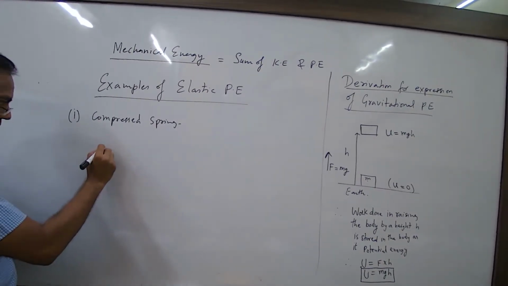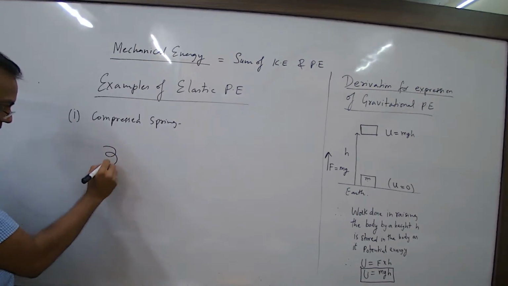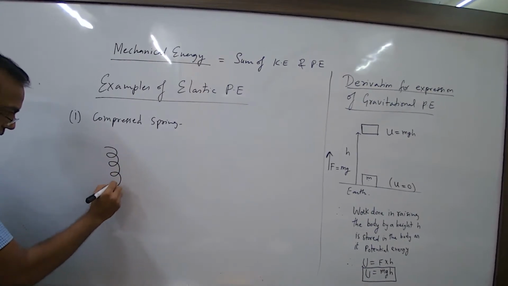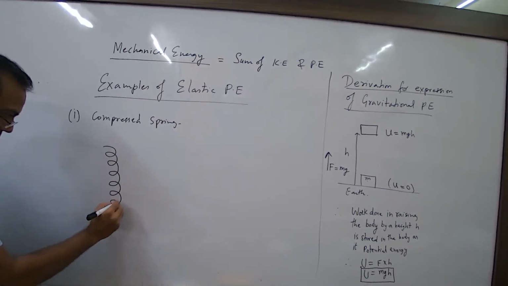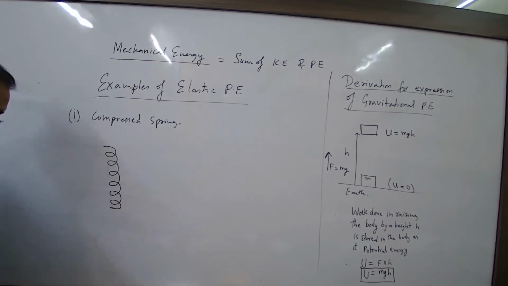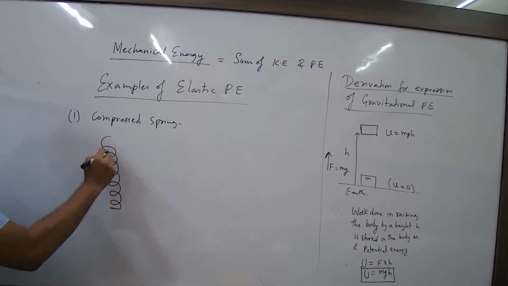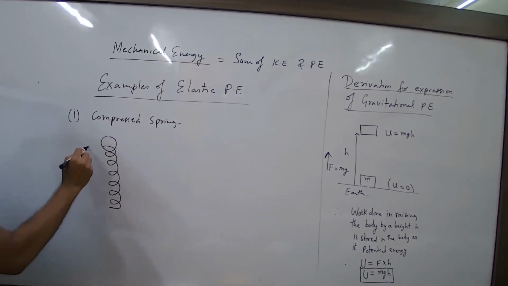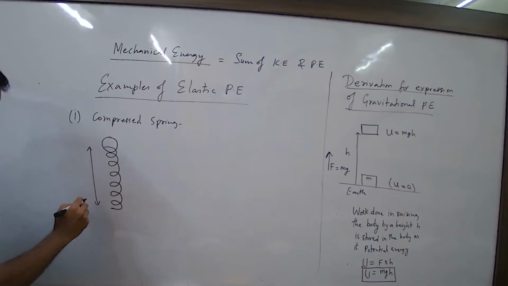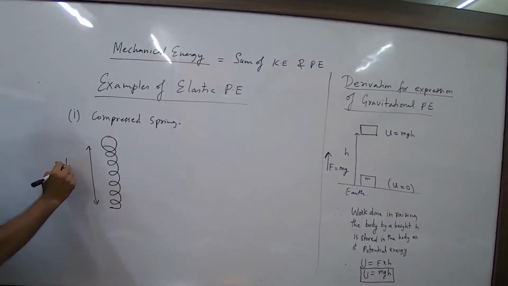Let us say this is the natural length, and the ball is kept here. So this is a relaxed spring.